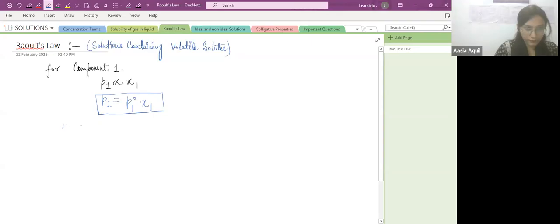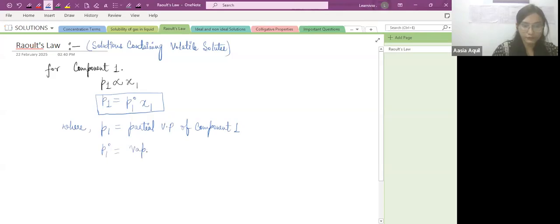So where P1 is your partial vapor pressure, I'm writing vapor pressure as VP, okay? Pressure of component 1. And what is P1 naught here?